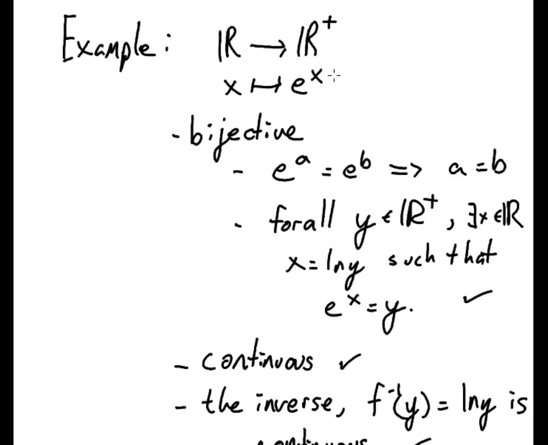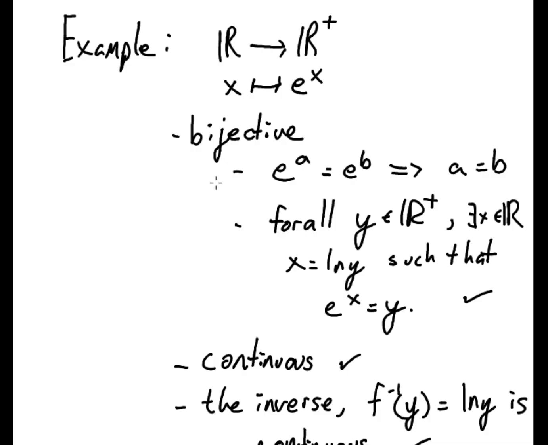The real numbers to the positive real numbers. If I take x and I map it to e to the x, well, this is a bijective function. If there are two different values that I target, if e to the a is equal to e to the b, a has to be equal to b, right? There's only one number that maps to any given number. And also there's an inverse, and so for every y in the positive real numbers, there's some value x in all of the real numbers, such that we have e to the x equals this y. We take the inverse, the logarithm.